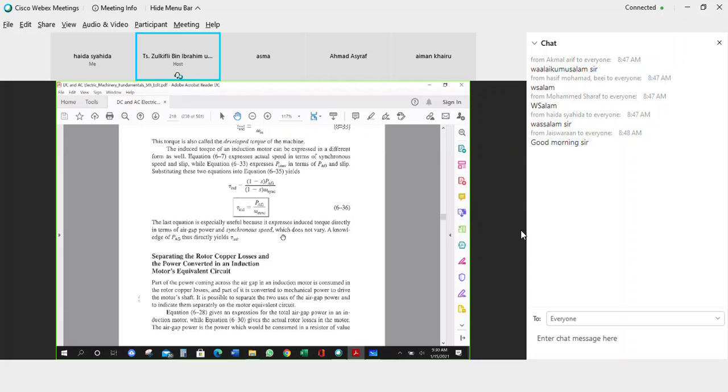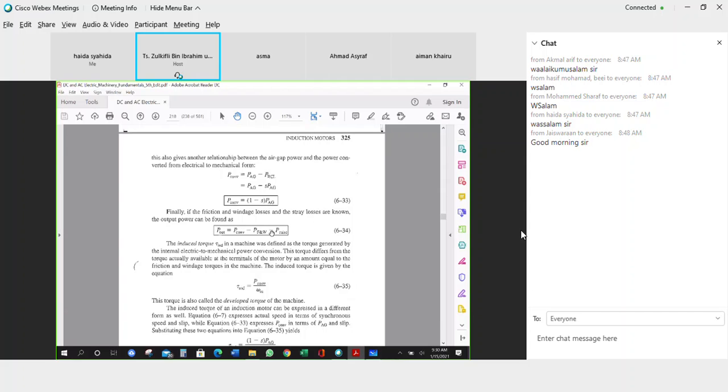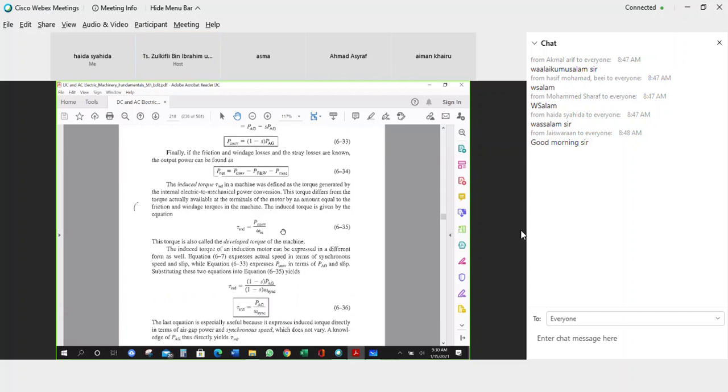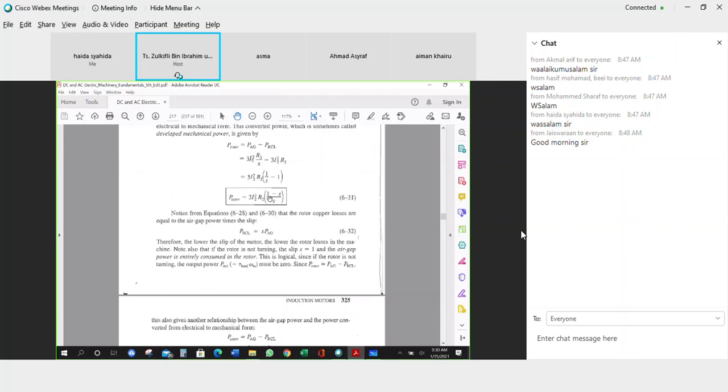You see, this is the converted power. When you have I2 squared, you can get the converted power. Here the equation is shown for finding the stator.